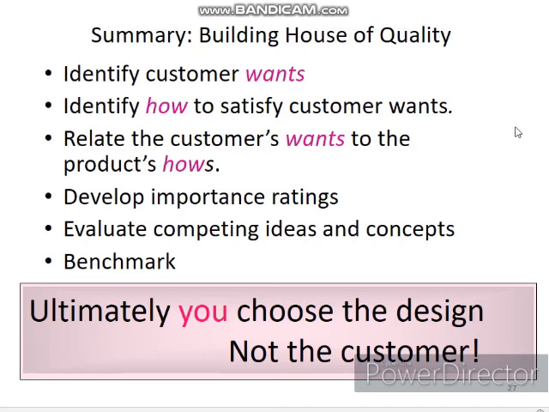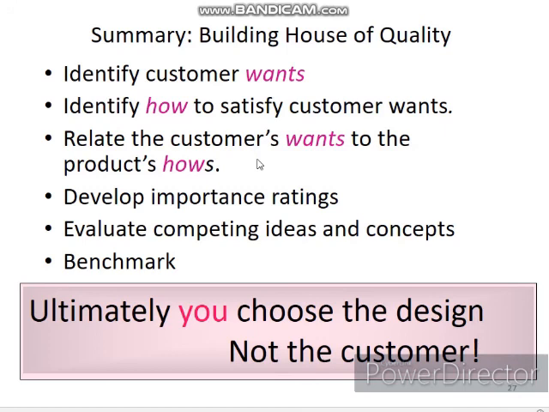Okay, in summary, to build a house of quality, what you do is basically identify the customer wants, basically the customer input with respect to the features in the product that the customer wants. Once you know that, then you need to identify how to satisfy the customer wants by developing the design parameters. Once you have the design parameters, then you establish the relationship between the customer wants and the product house.